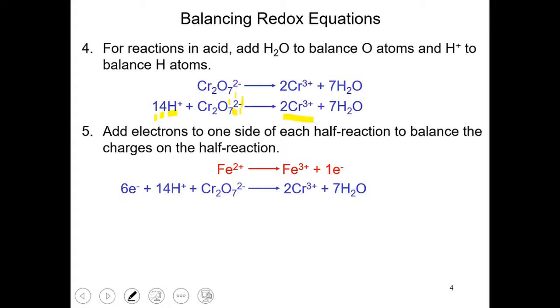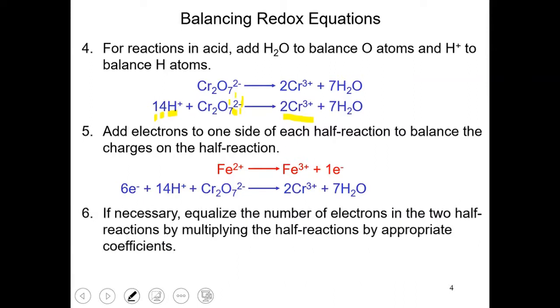Now, the overall equation is the combination of the two half reactions. But before we add them, we have to make sure that the electrons will cancel out. So that means that we're going to have to equalize the number of electrons by perhaps multiplying one or both half reactions by an appropriate factor. In this case, we see that the reduction half reaction requires 6 electrons. But at this point, the oxidation half reaction is only supplying 1.